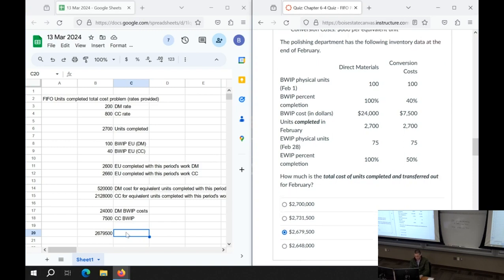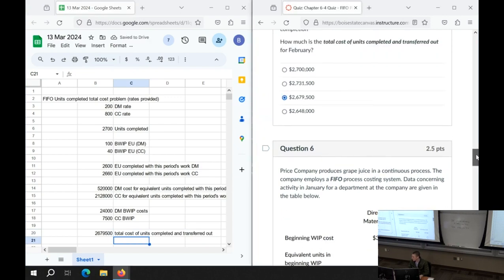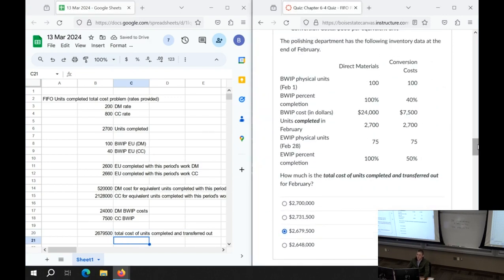All right. Total cost now. Total cost of units completed and transferred out.